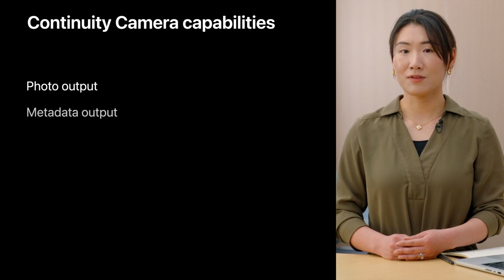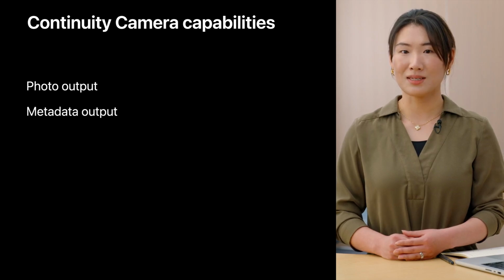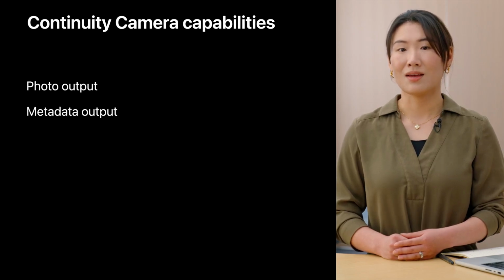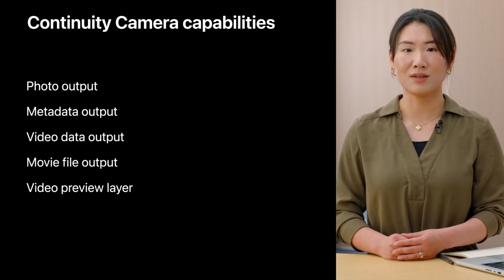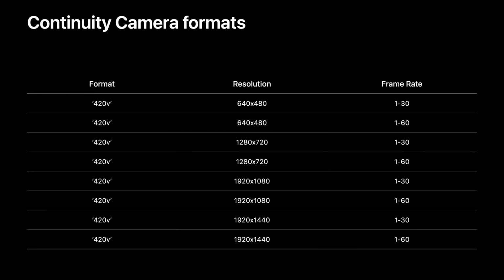Besides AV Capture photo output and AV Capture metadata output we just talked about, Continuity Camera also supports video data output, movie file output, and AV Capture video preview layer. Here's a list of video formats supported by Continuity Camera that you want to be aware of when integrating this camera into your application.